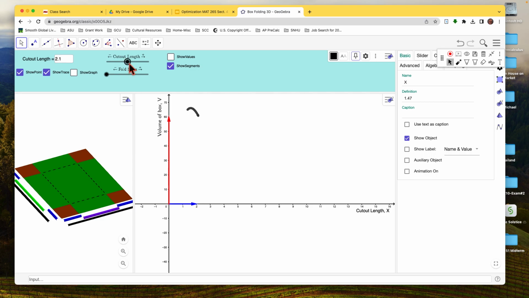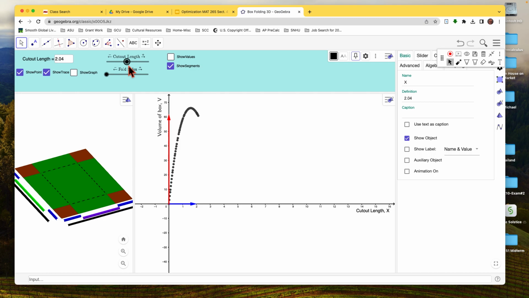So what's happening? Let's focus on the width. I think that's purple. So without the cuts, there's the full width. And then how is the width getting shortened if we call those cuts each X? There's an X on each side, right? We're subtracting off an X on each side, so there's going to be a 2X.